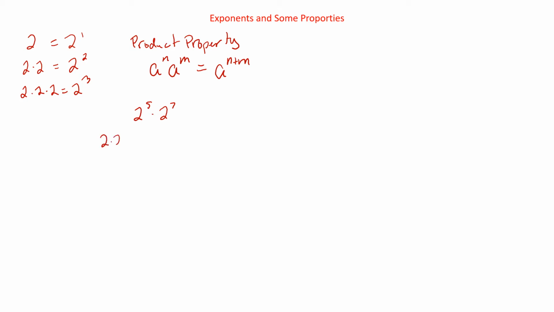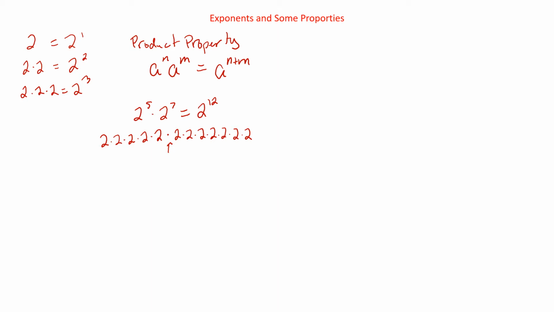Is this multiplication sign any different than any of the others? No. So we just have 5 2's plus 7 2's is 12 2's just multiplied together. And so that's what that product property says.